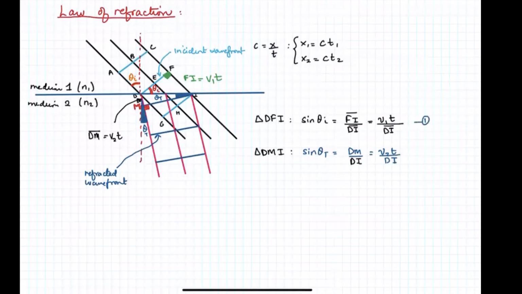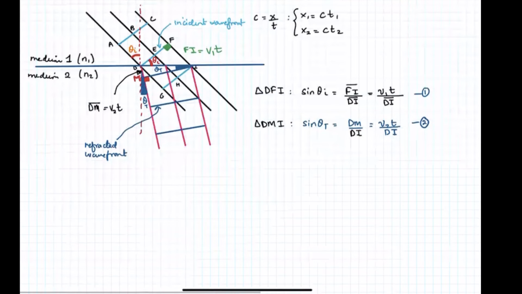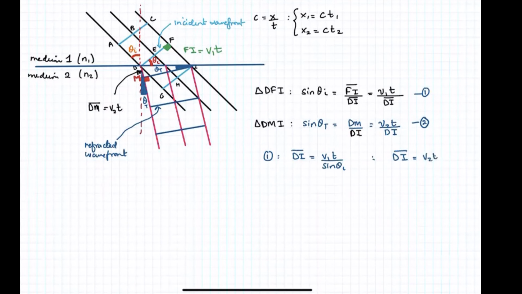So from equations 1 and 2, I can rewrite 1 as DI equal v1t over sine theta I, and DI equal v2t divided by sine of theta transmitted. So combining these two will give me v1t over sine theta I equal v2t over sine theta t.